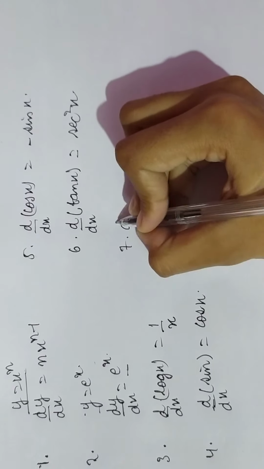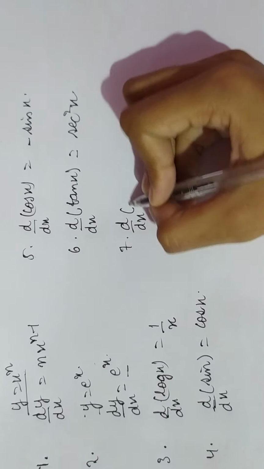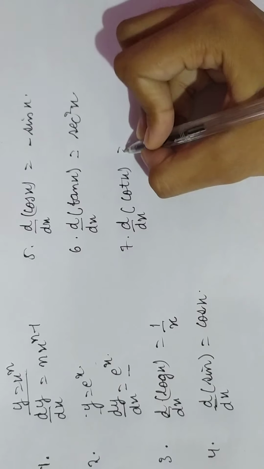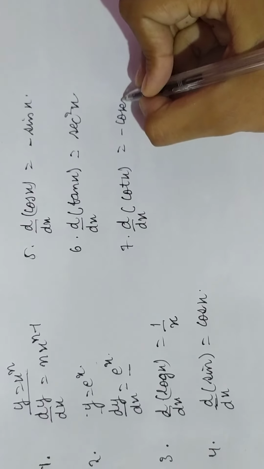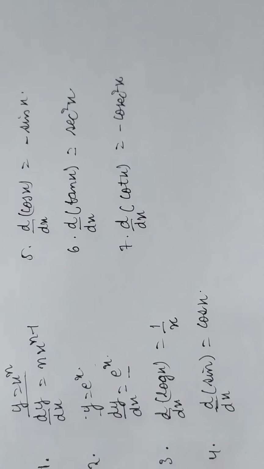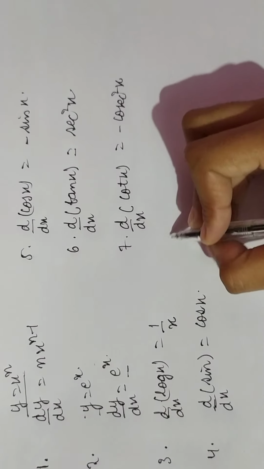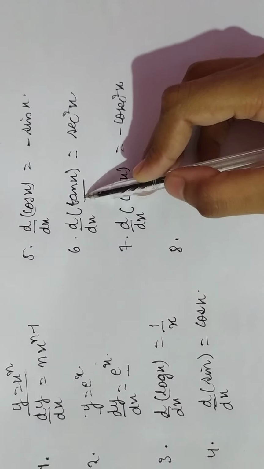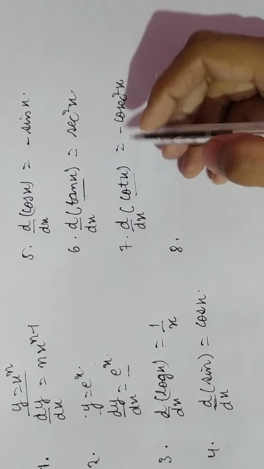Next, if we want to find the differentiation of cot x, it will be minus cosec square x. Now we have found the differentiation of tan x and of cot x.